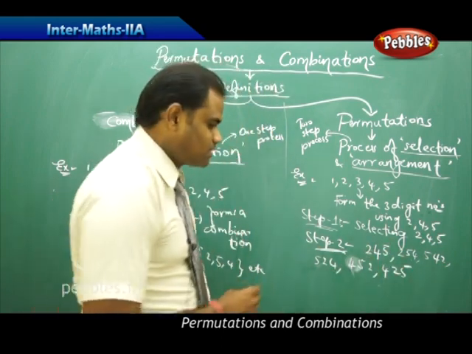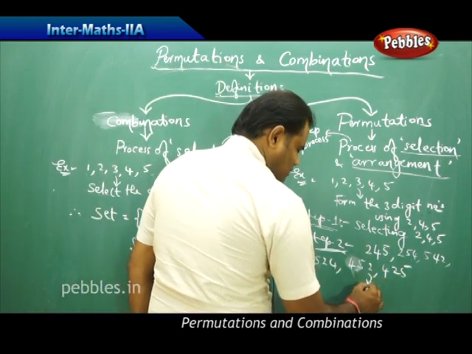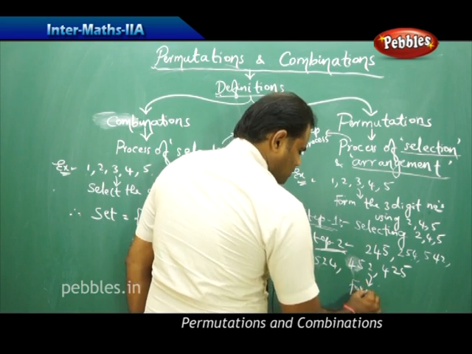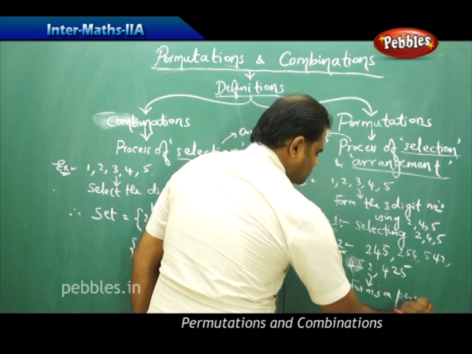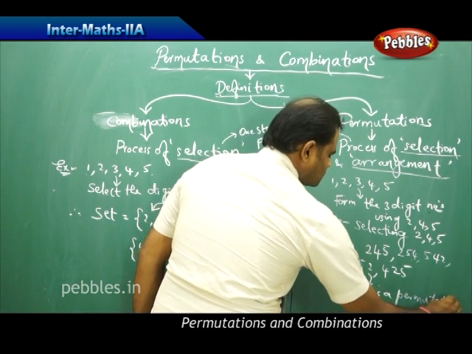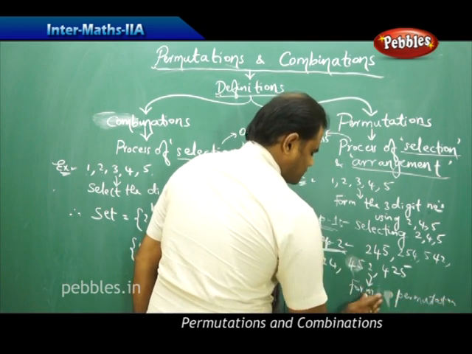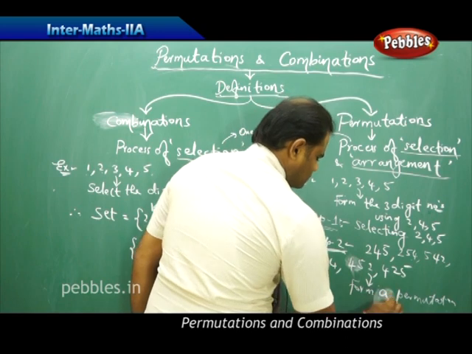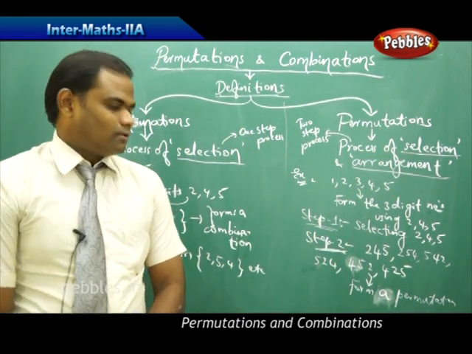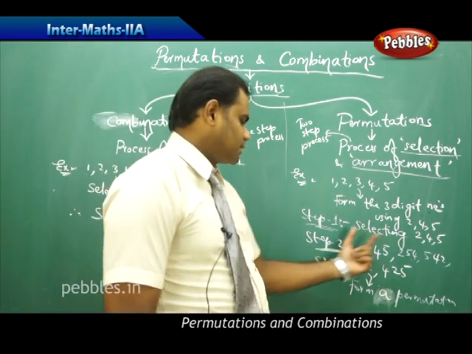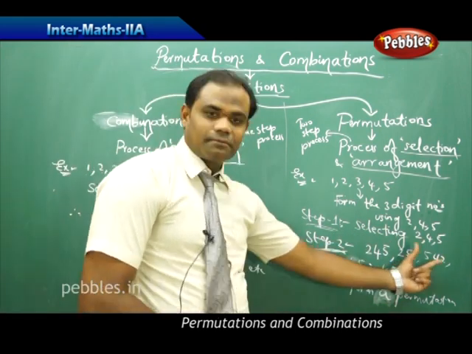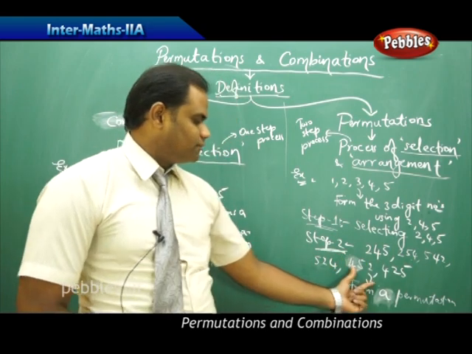Now in this case, this forms a permutation because the possible 3-digit numbers form a permutation arrangement. Now in this case, we understand that step 1 is about selecting and step 2 is about arranging the 3-digit numbers in different ways.